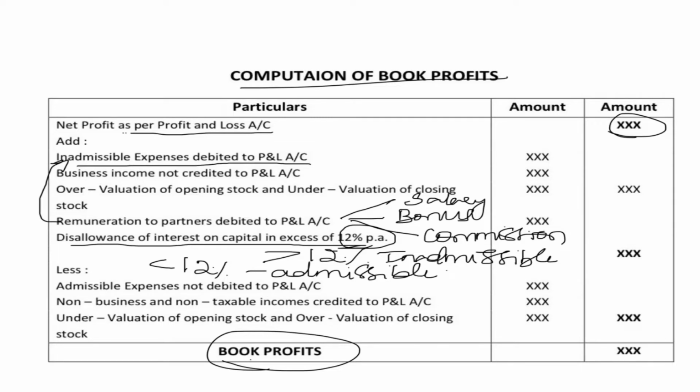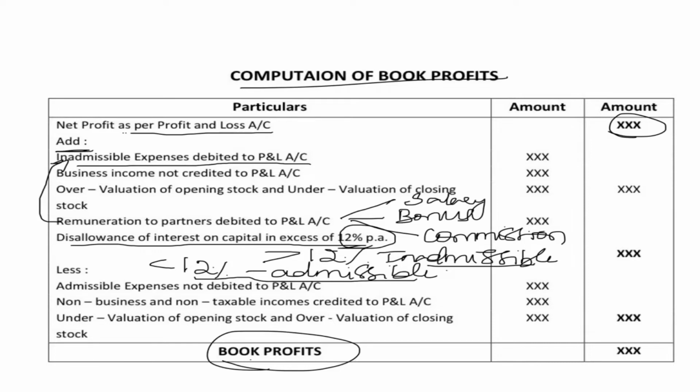So if the interest on capital exceeds 12%, the exceeded value will be treated as inadmissible expense to the firm, and if it is within the limit of 12%, then you will ignore it, you will not calculate it for the purpose of calculating book profit. You will not add it back to net profit.